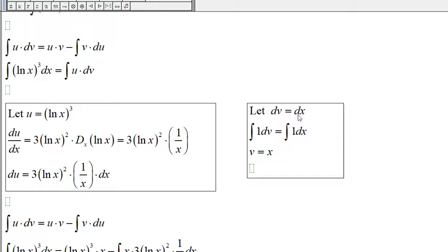Now integrate both sides. dv is the same as 1 dv, and dx is the same as 1 dx. The integral of 1 is 1 times the variable, which is 1v, and on the right hand side, we get 1x.